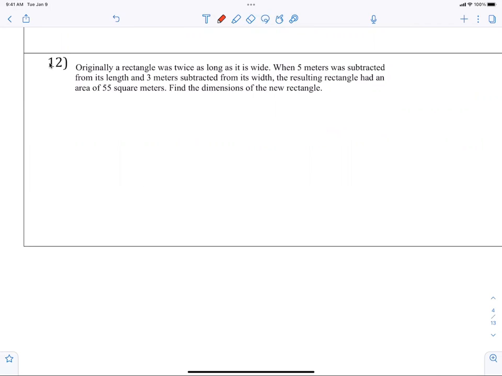All right, number 12. Originally, a rectangle was twice as long as it is wide. Uh-oh. So we're going to draw a rectangle. So if this right here is X, the other one is what? Originally, that would be 2X. All right. So this represents the length and this represents the width.